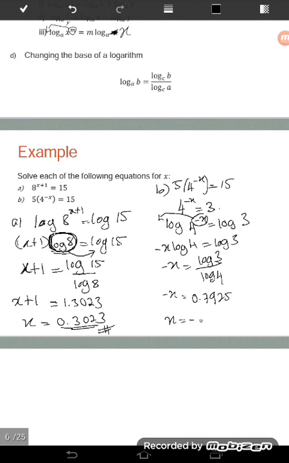Therefore, x is equal to negative 0.7925. Okay, so negative buat sebelah, jadi bahagi. So 0.7925 divided by negative become negative this one.